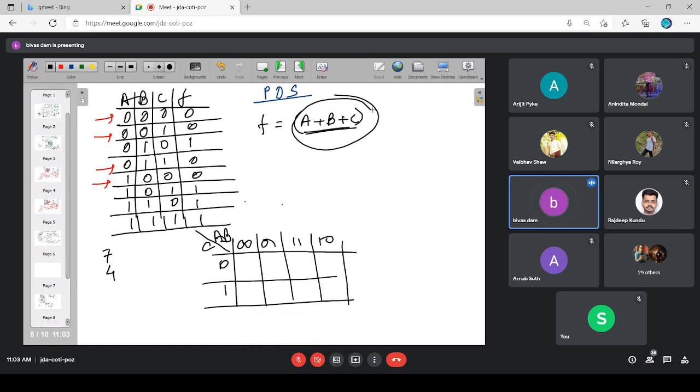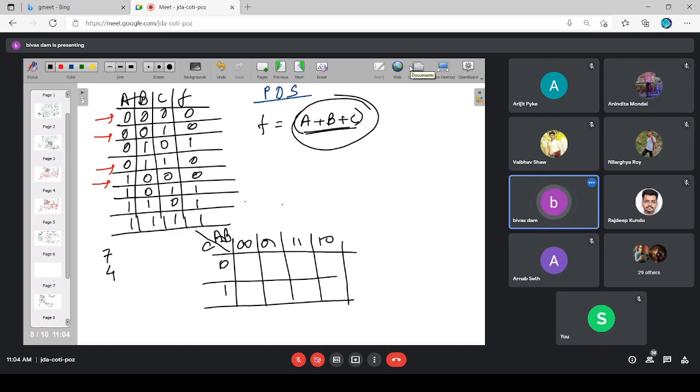So if a sum term contains all input variables, then the minimum number of cells in the Karnaugh map will get occupied by 0, but the maximum number of cells will get occupied by 1.